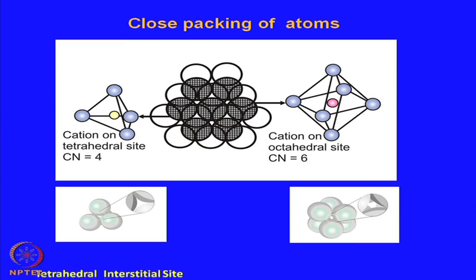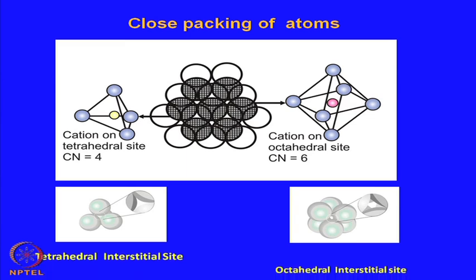Here we are discussing the close packing of atoms. For our purpose, we will always consider the atoms as solid spheres, so that we can understand their geometry and the kind of packing they can have under different conditions.